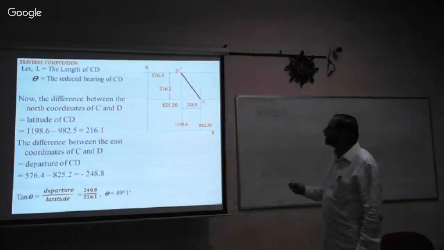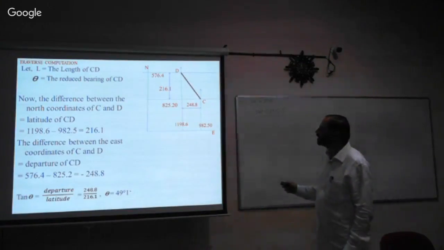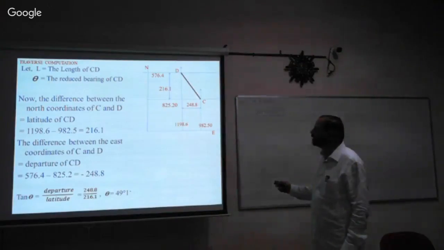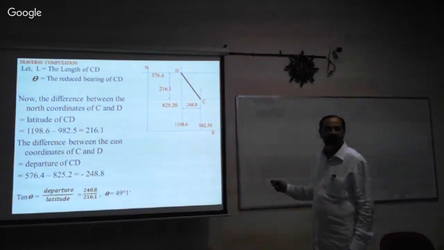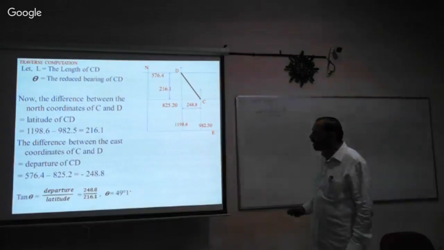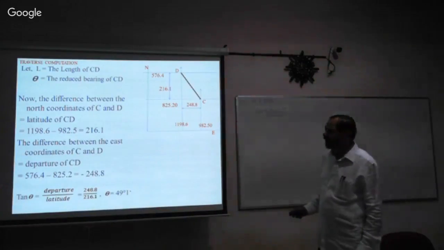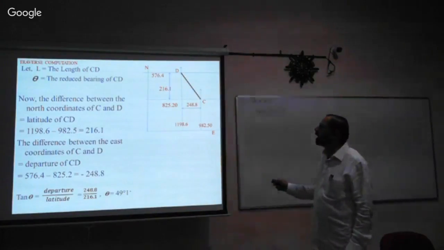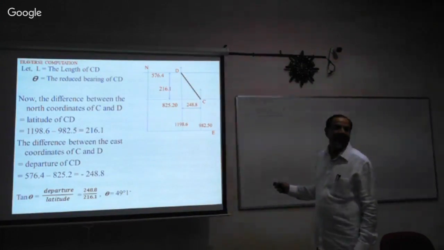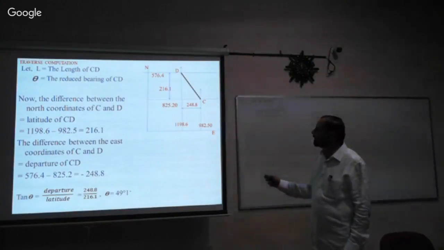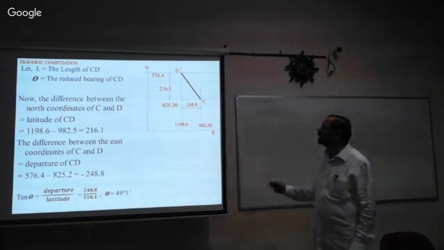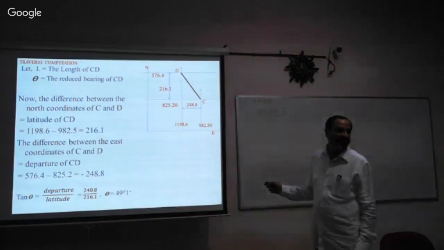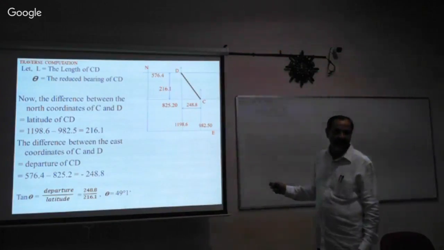Suppose sometimes you consider the other angle as theta, then what happens? It becomes reversed: latitude will go up and departure will come down. Opposite by adjacent changes.